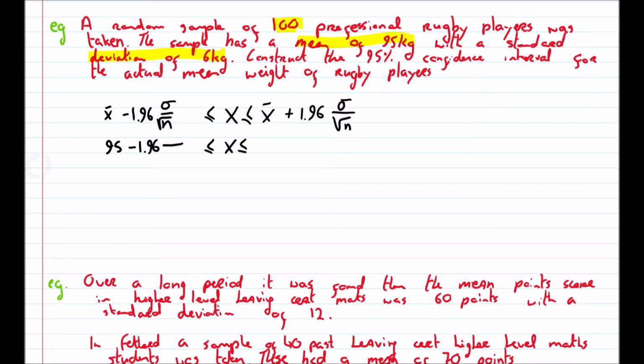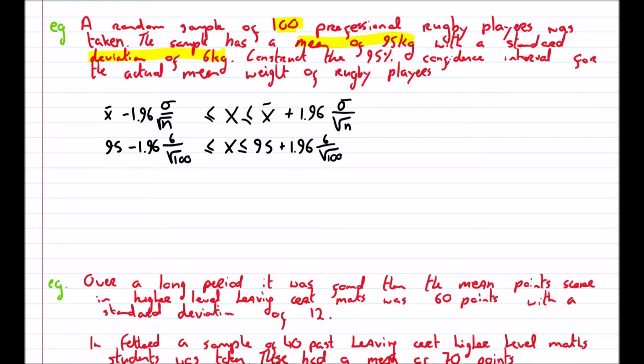The standard deviation was 6, and the sample size was 100. And likewise over here we have 95 kg plus 1.96. Standard deviation was 6, and the sample size was 100.